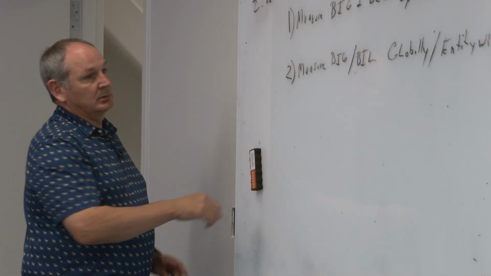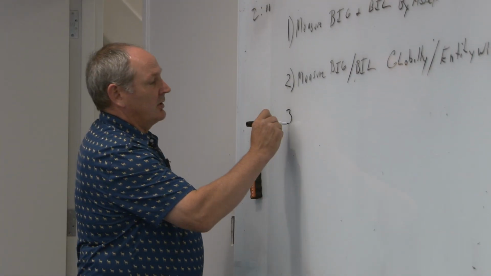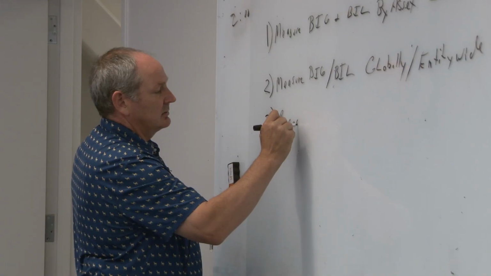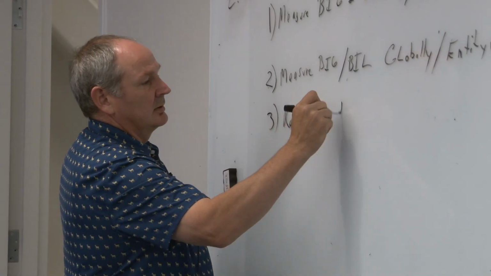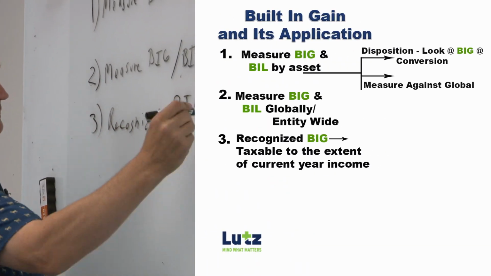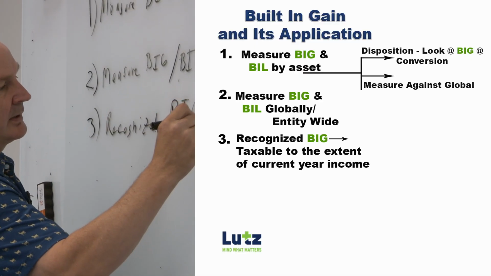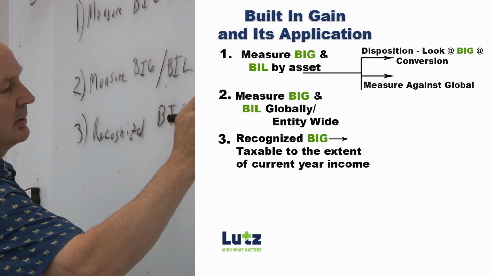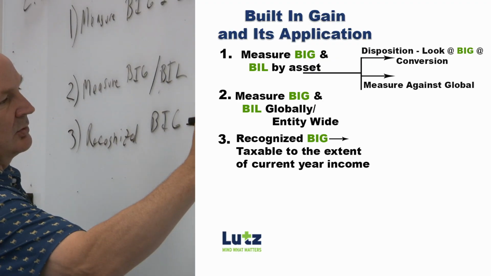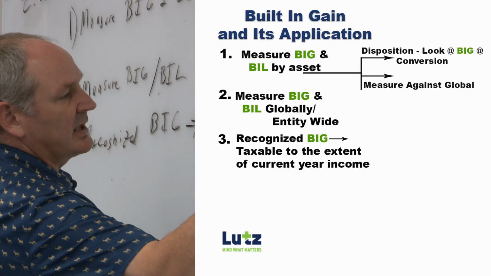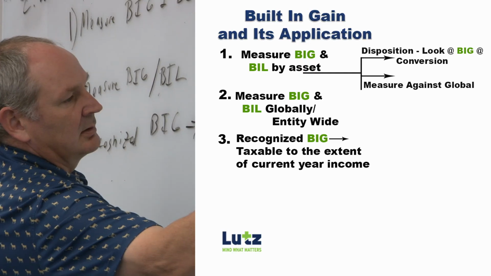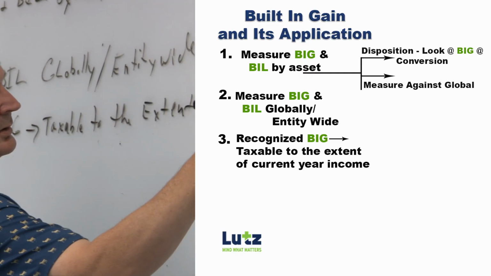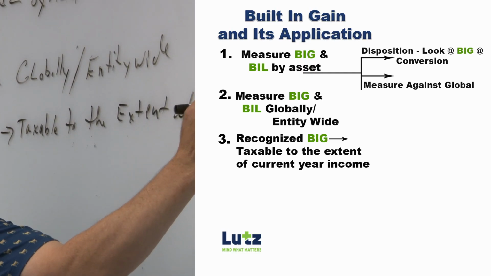So the next rule is, 3, a recognized built-in gain is taxable to the extent of current year income.